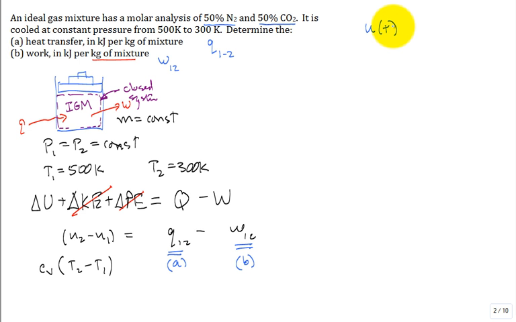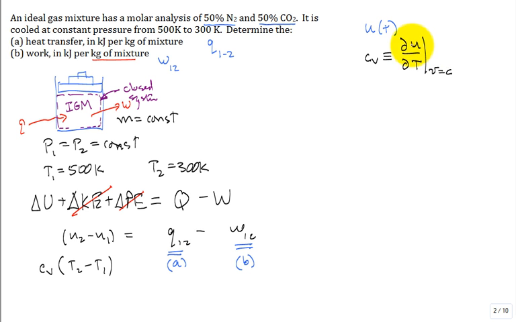True? True. The definition of C sub V for an ideal gas, for a real gas, for any substance, liquid, solid state, any substance, is defined as the partial derivative of U with respect to T holding V constant. True or false? True.